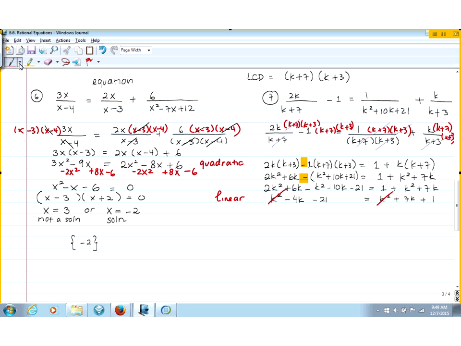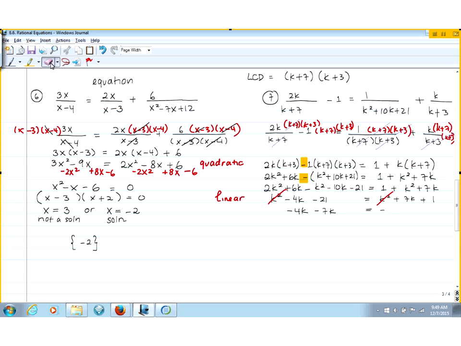Linear means the highest exponent is 1. So if linear, one variable on one side, number on the other side, so we have to bring the k to the left. So what do I have here? Minus 7k is equal to, what happens to this negative 21? Go to the other side.